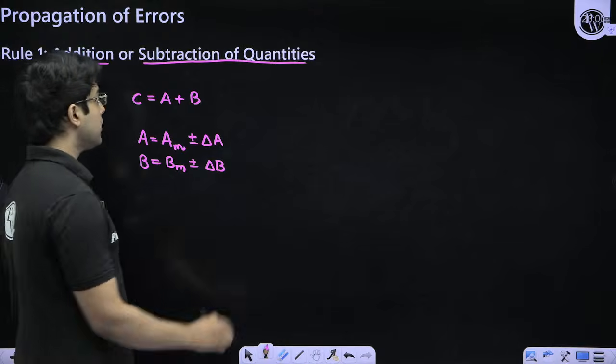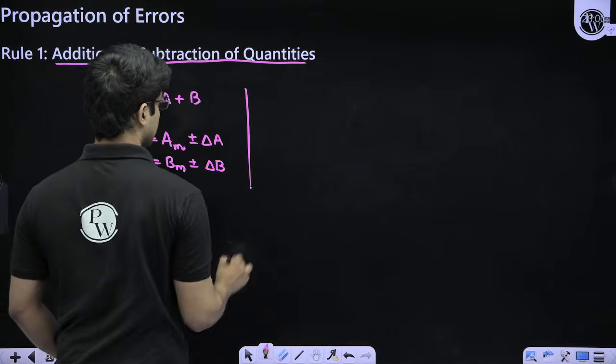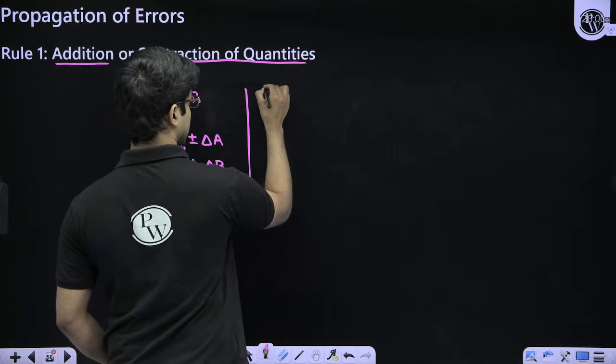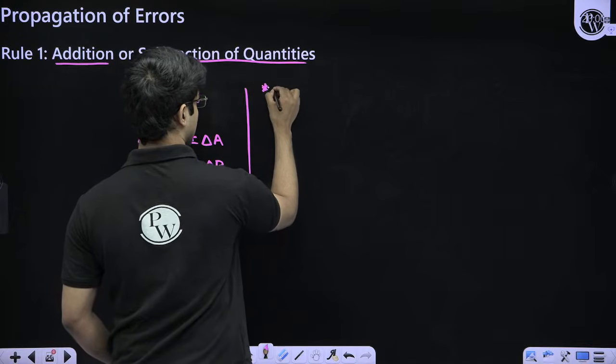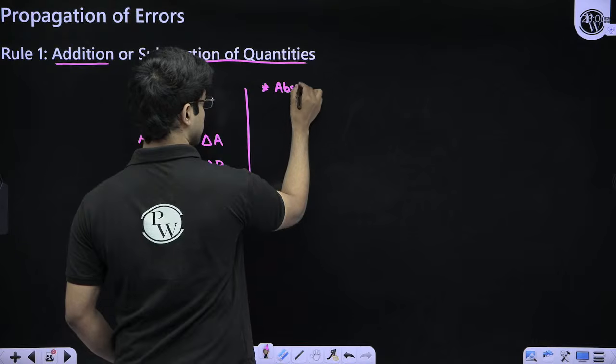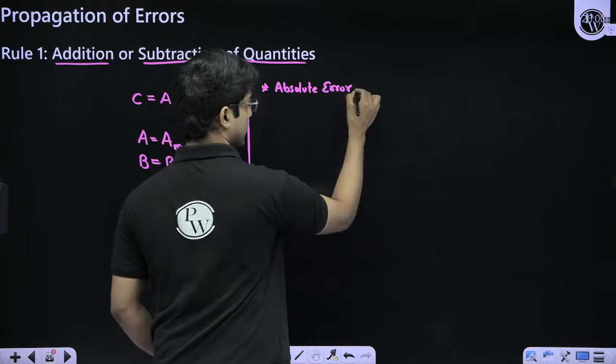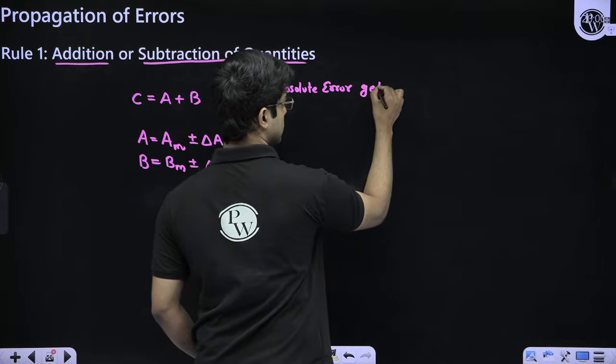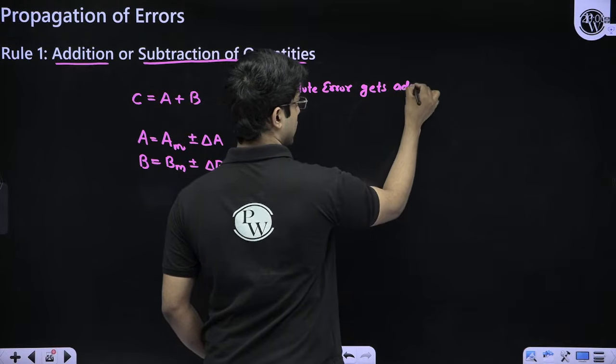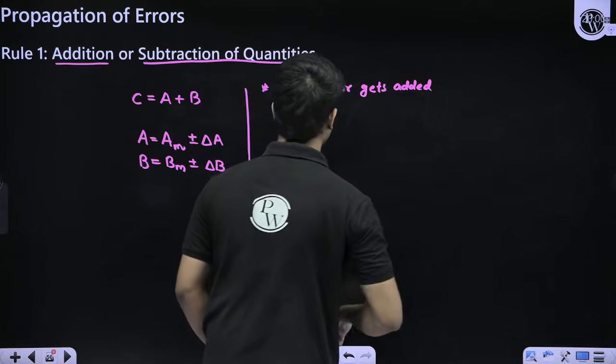Now, even if you add or subtract, the absolute error gets added. Okay, in the final result, the absolute error will get added.